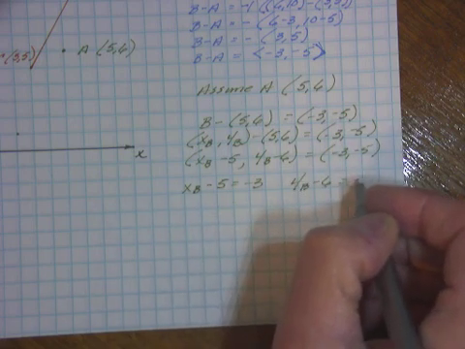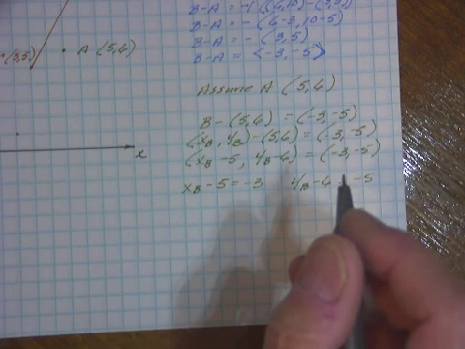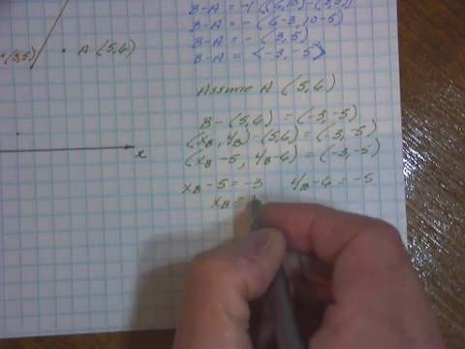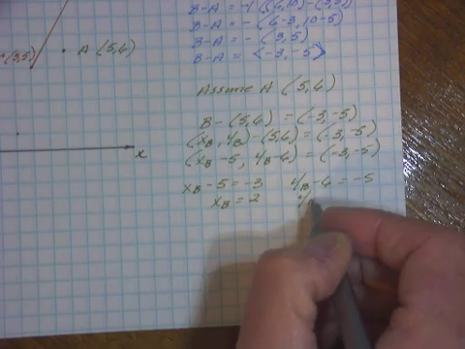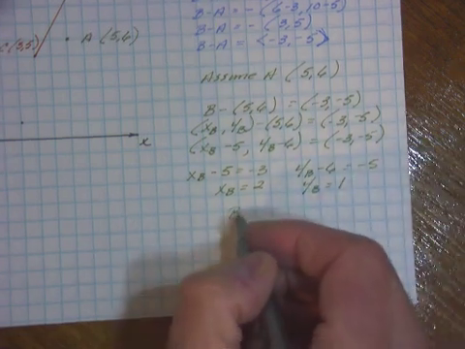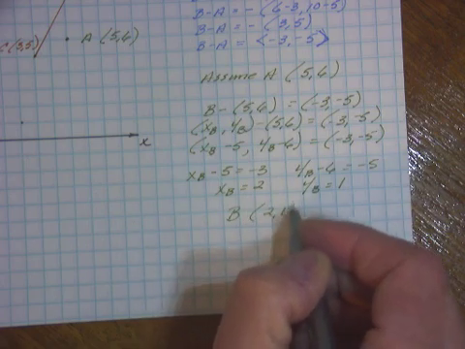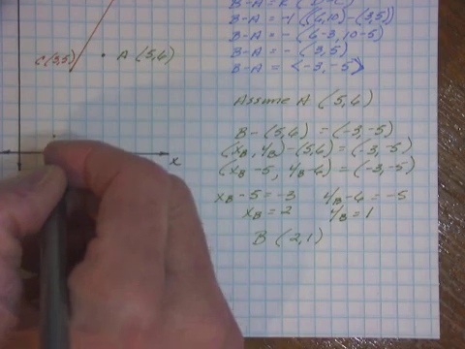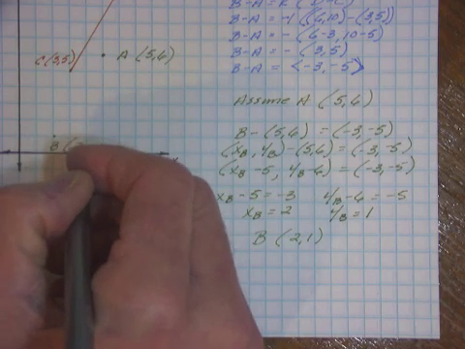Now we'll split it up, just the X values. X sub B minus 5 has to equal -3, and Y sub B minus 6 has to equal -5. Okay? So that gives me X sub B equals 2, and Y sub B equals 1.